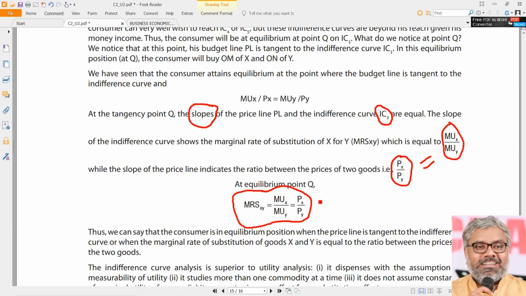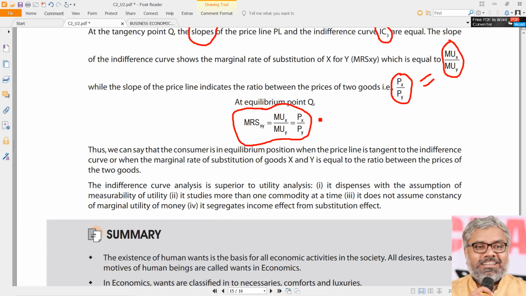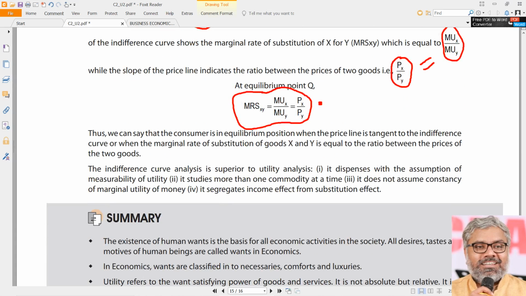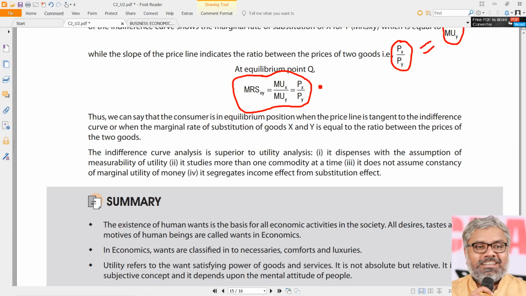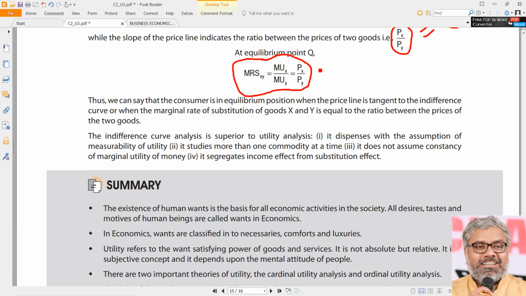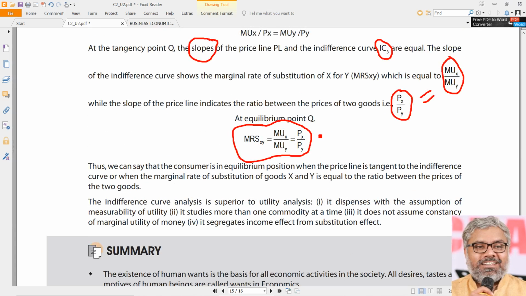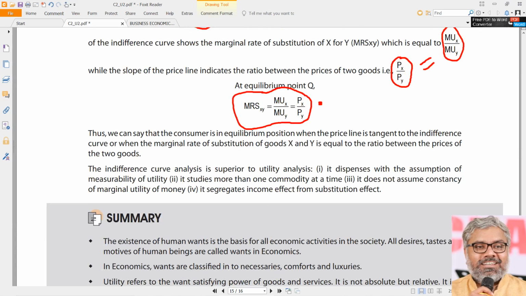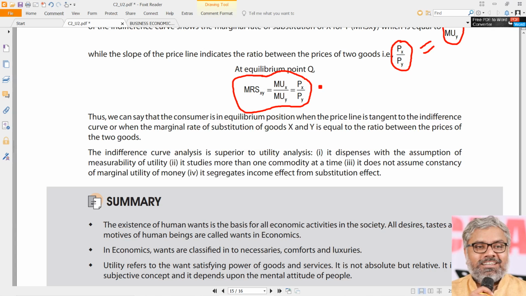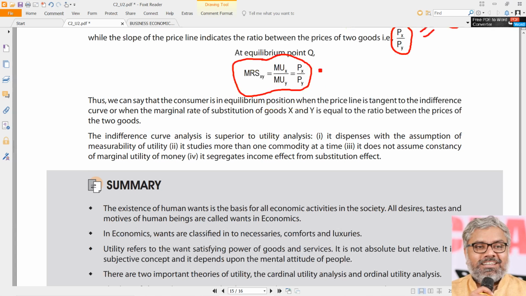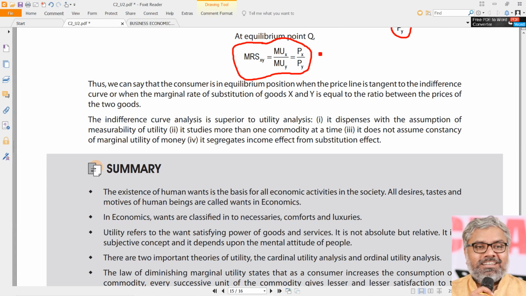When these two things match with each other, that is where we call it consumer's equilibrium. Clear? That's it. With that, we can conclude this theory of consumer behavior, and things are repeated here many times. Understand this final conclusion: when the marginal rate of substitution is equal to the price ratio, that is where the consumer's equilibrium will arise.